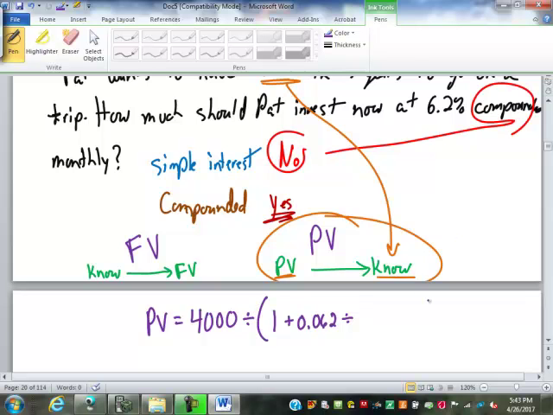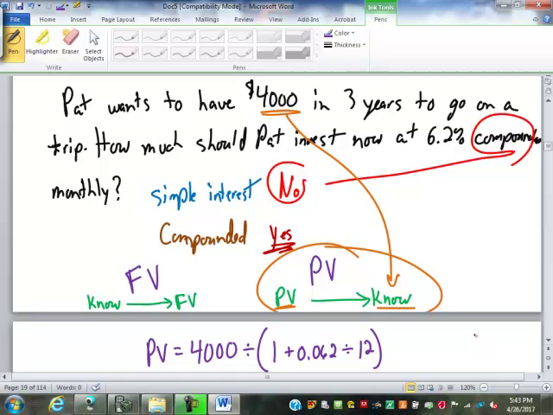The monthly, compounded monthly. So that is 12 times a year. So divide by 12. To the power of 36. Good. That 36, remember, is 3 years times 12 months a year. Gives us the 36.